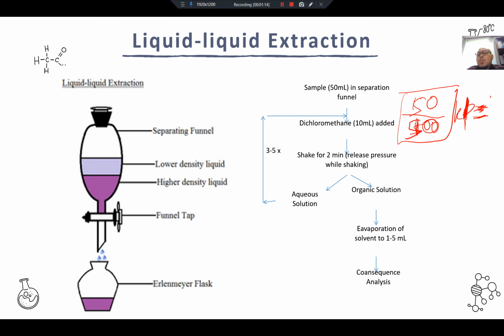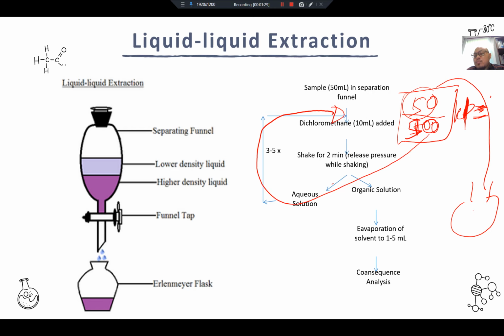If KD or KP equals 1, it will just be 50-50, right? So is it a good extraction method? You can only extract 50%. After you have extracted this, you put it aside, and then you get the raffinate. You continue for the next process.